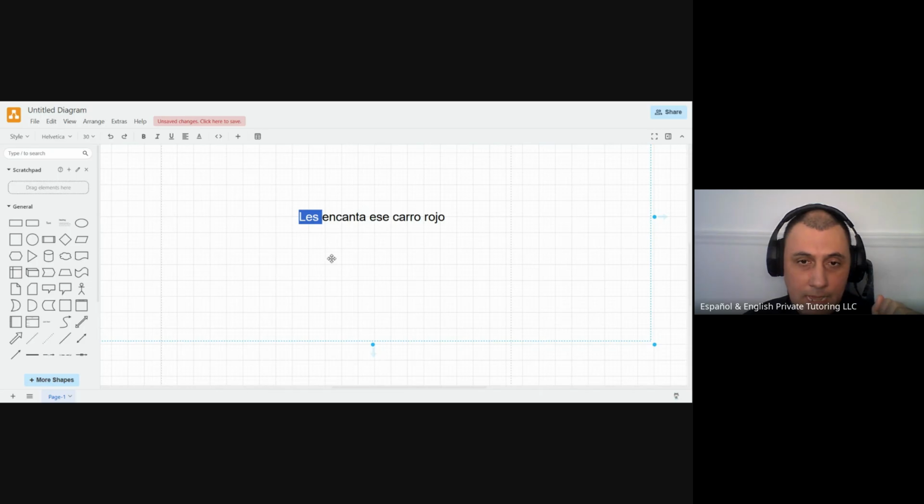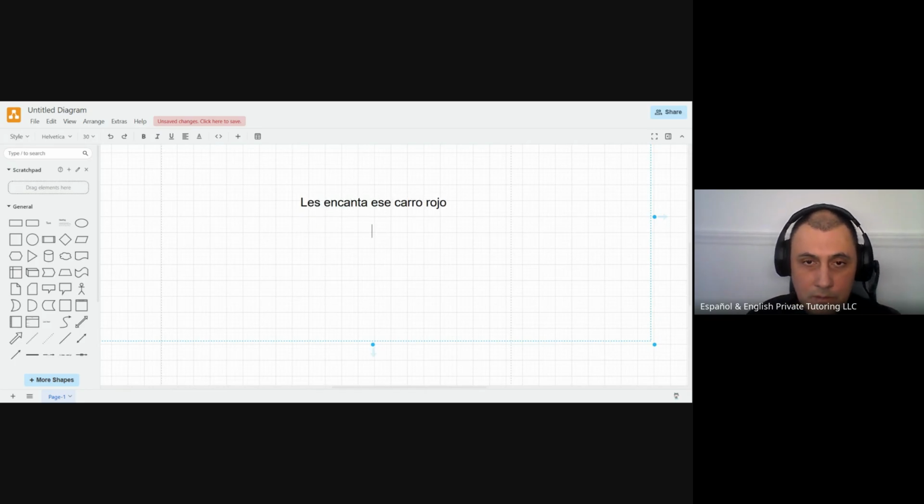This means that les in Spanish is an indirect object pronoun, but it can translate into different ways. Les can mean them, or you all, basically them or you all, that's all.